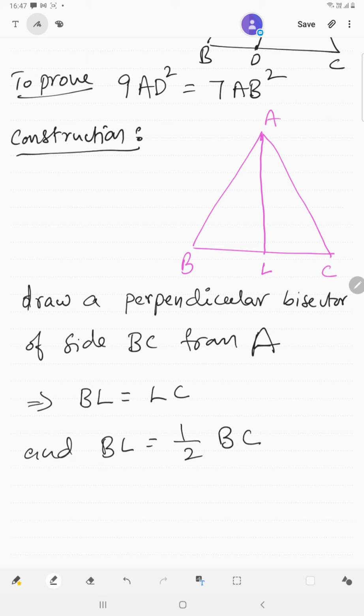This is construction part. So it is 90 degrees wala. आ गई ना? So this is construction.